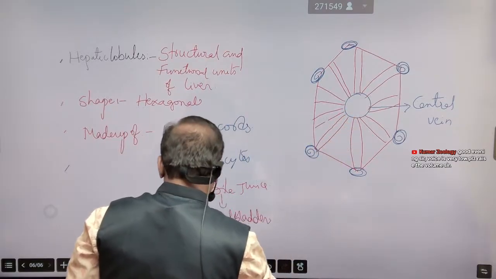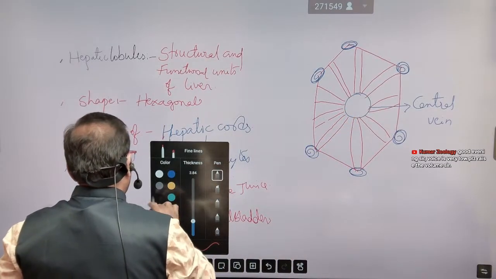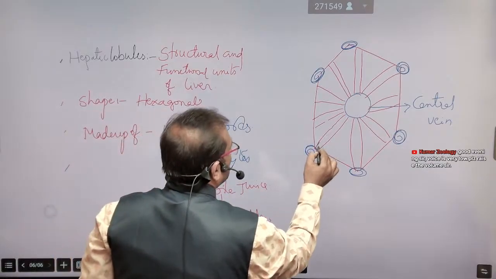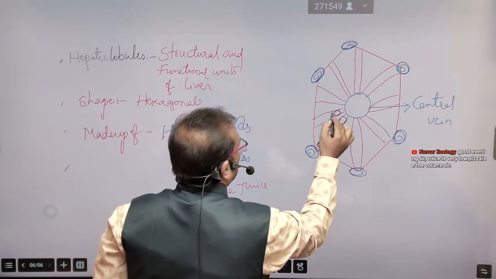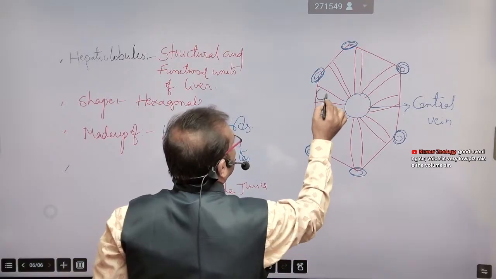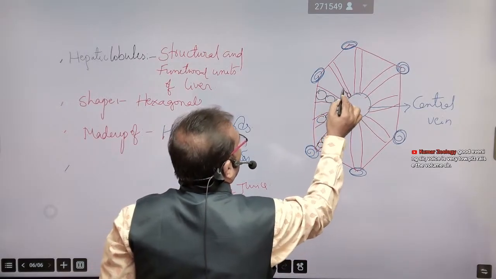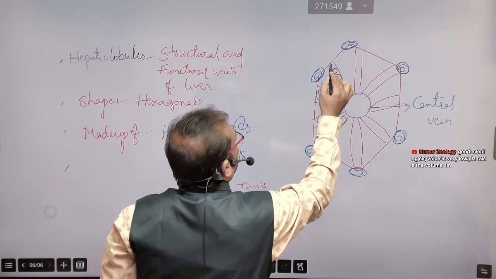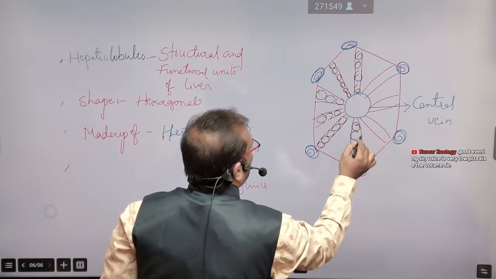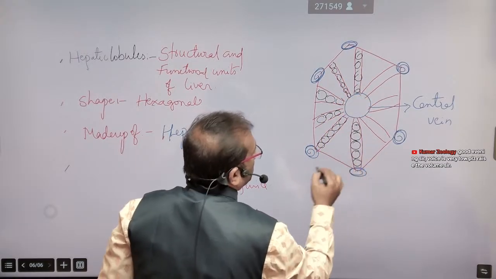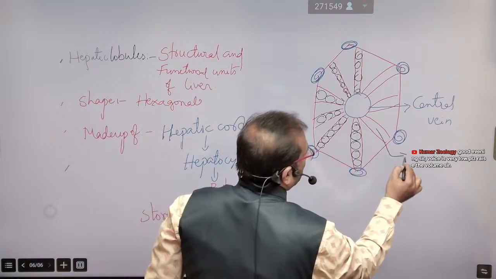Hepatocytes are arranged inside the hepatic cords, so every hepatic cord is made up of hepatocytes. So this is a hepatic cord.